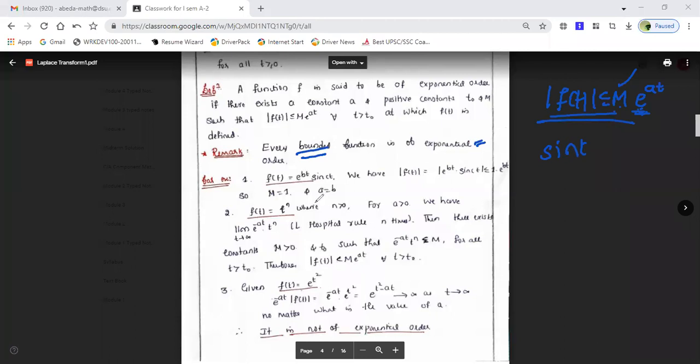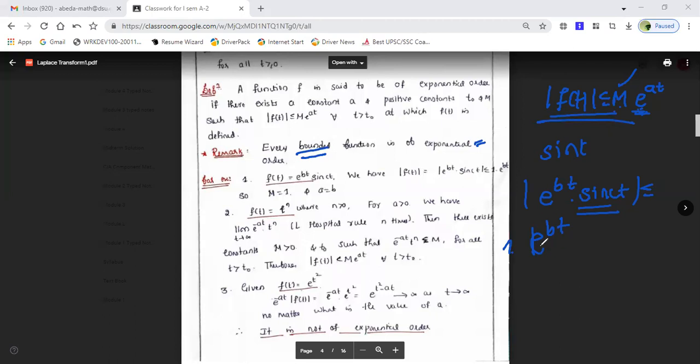So for example, in the exponential order, take e to the power bt into sine ct, and take the modulus of this. So the modulus of e to the power bt into sine ct. We know that the modulus of sine ct is less than or equal to 1. So you will get 1 into e to the power bt.